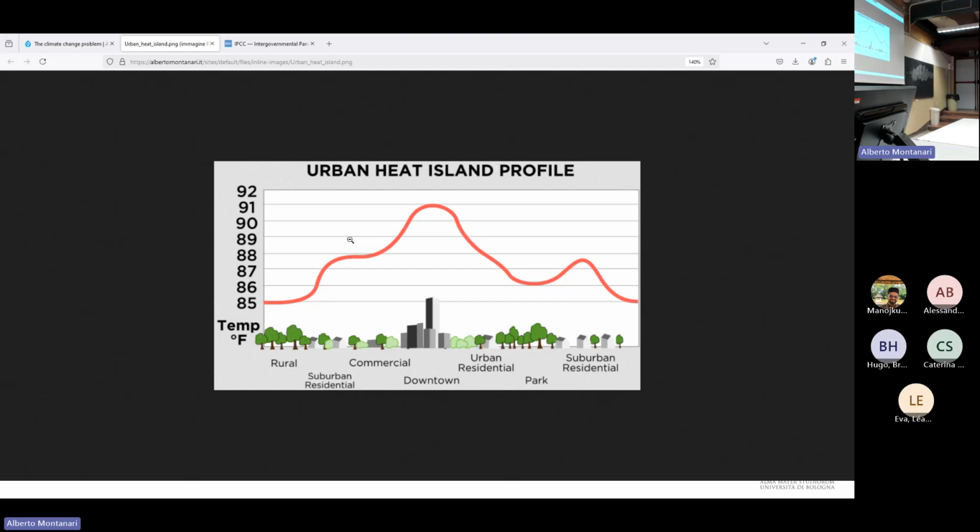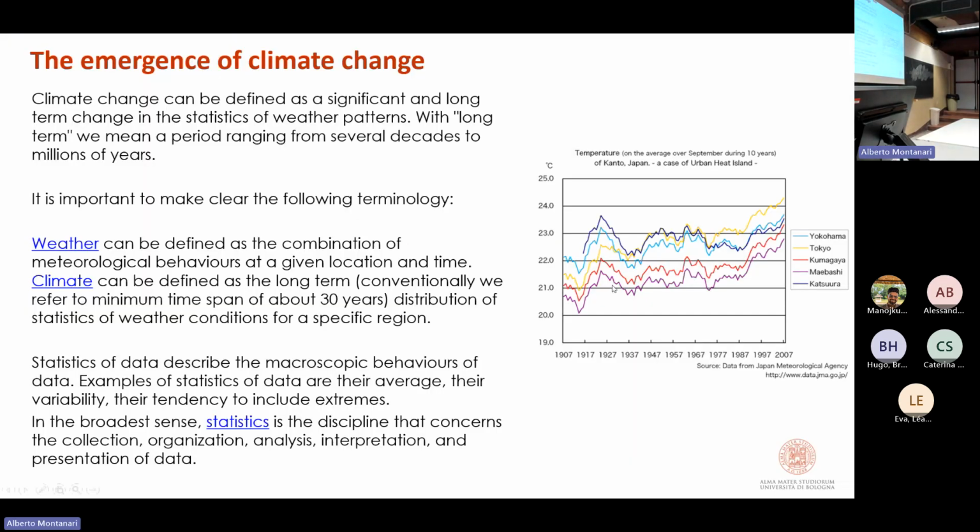And if you look at the graph here, you see that, for instance, in Tokyo, during the past century, they went from like 21.5 to 24.5. So it's 3 degrees. And 3 degrees for people that are not protected against it may be very impactful on public health.